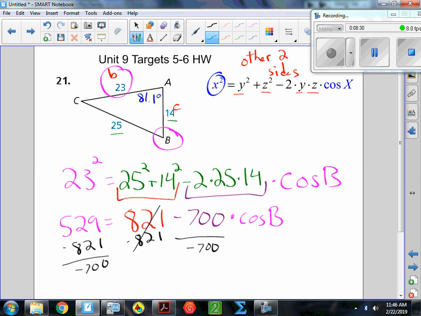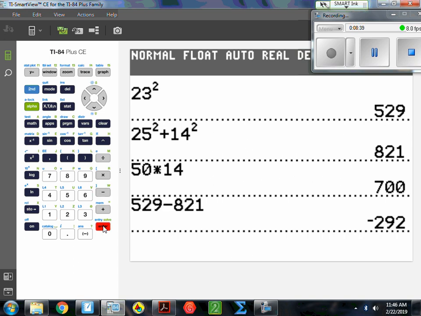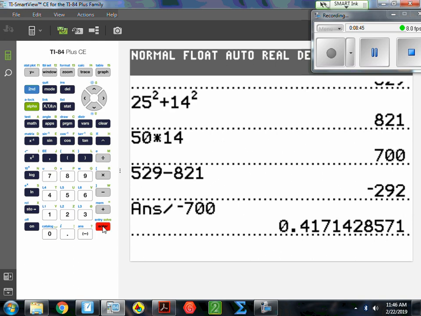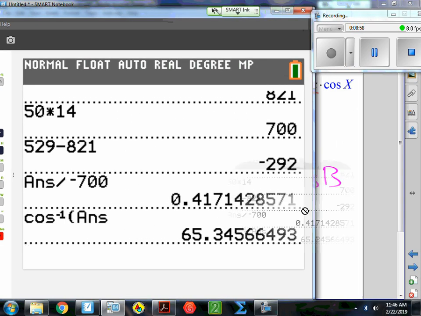I'm going to use my calculator to do 529 minus 821, and then take that answer and divide by negative 700. That gives me the decimal, and that decimal is equal to the cosine of B. I'm going to take second cosine of that answer and get 65.3 if I round that.